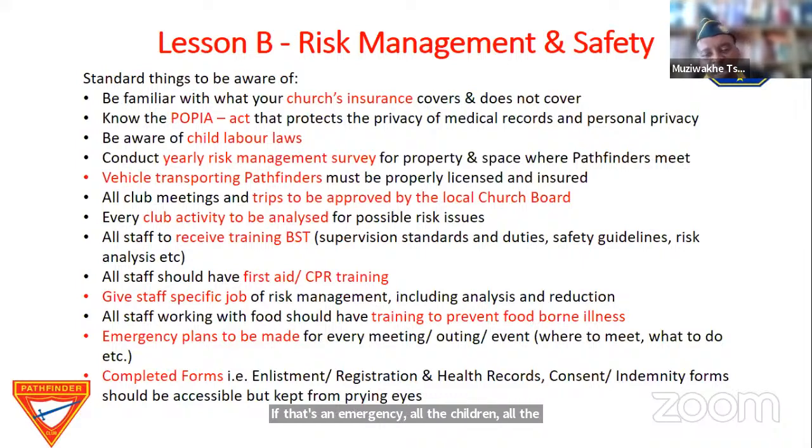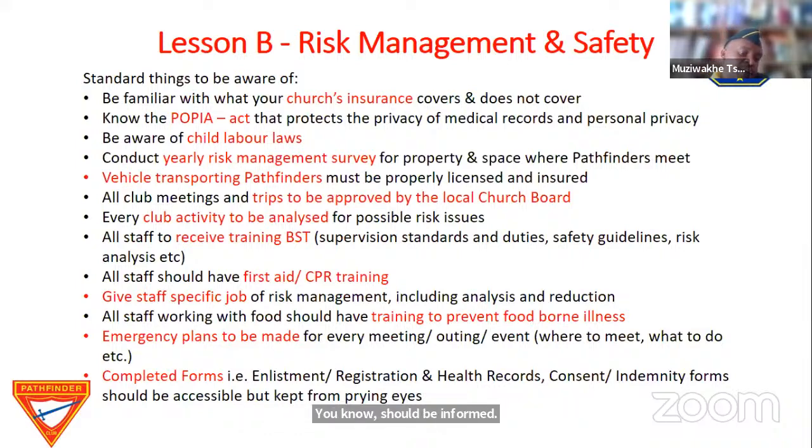It should be a meeting place. And that could be, for example, for things like disasters, if maybe a building is on fire and so on. So those things are important that they should be made known before time, and that the church and particularly pathfinders should be informed of such.